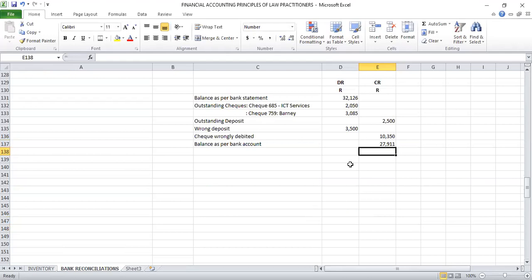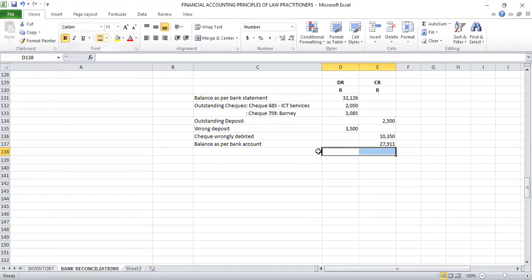Then we find our totals. So at the end of the day, the two will be the same. So that will be our bank reconciliation statement.